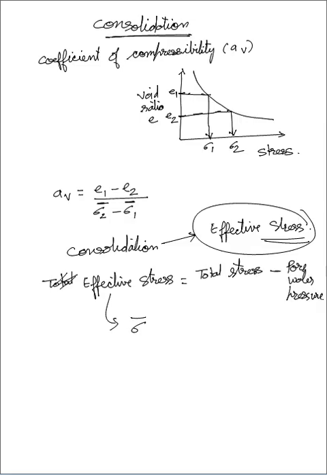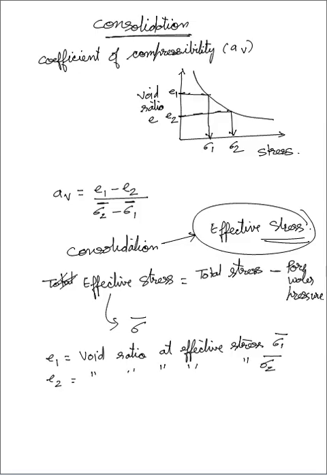So e1 is the void ratio at effective stress sigma 1 bar, and e2 is the void ratio at effective stress sigma 2 bar. So we have a ratio e1 minus e2 upon sigma 2 bar minus sigma 1 bar.